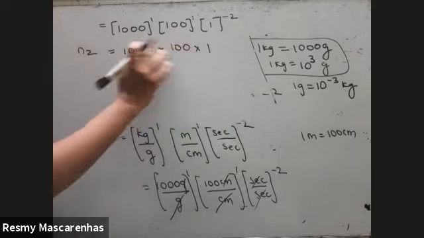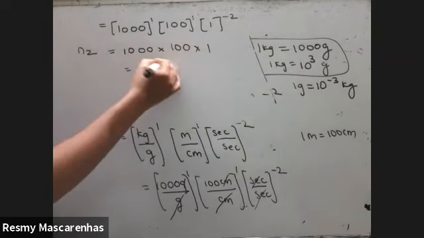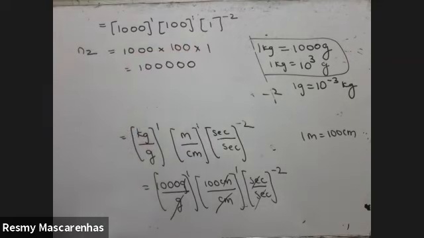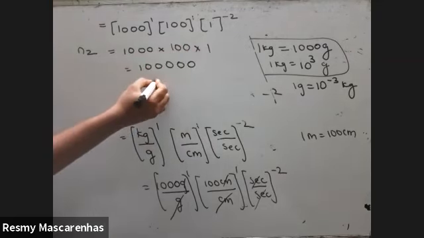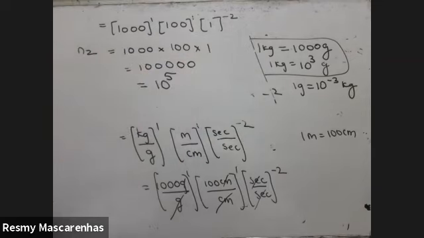Directly add the number of zeros: 3 are there, this side 2 are there, total 3 plus 2 gives 5. This will be the answer. In terms of powers, how many zeros are there? 5. So 10 raised to 5.